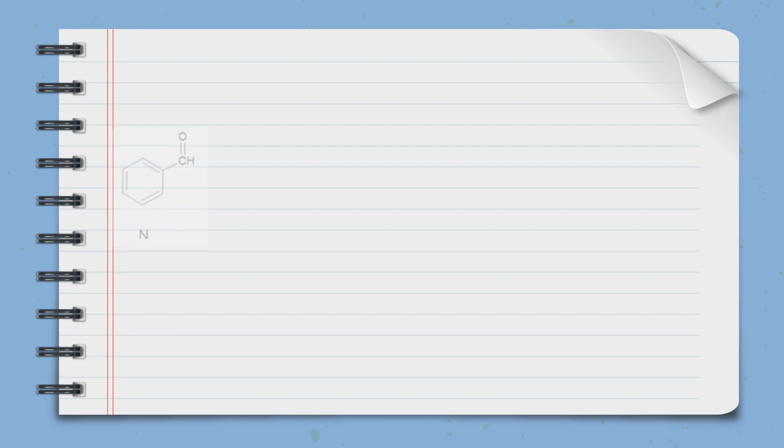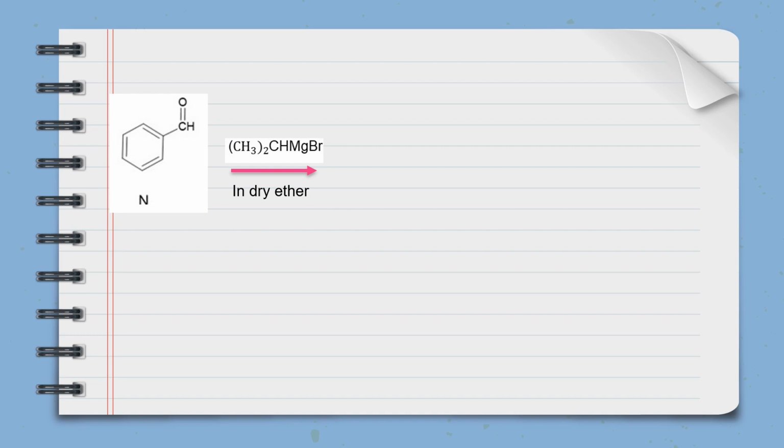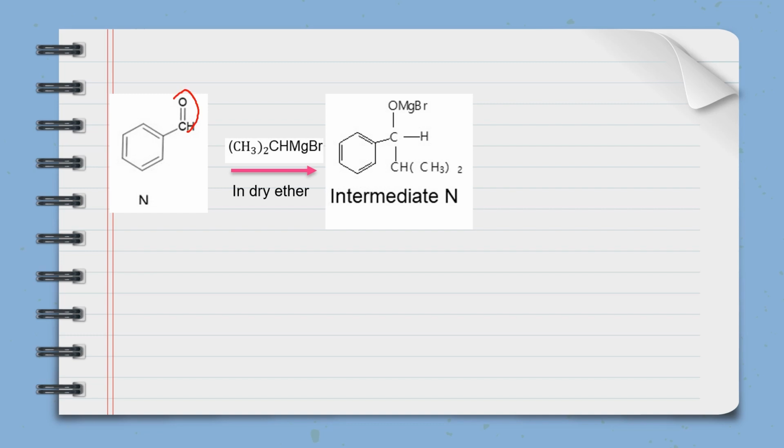Okay, we continue with structure N. When N reacts with the Grignard reagent in dry ether, it produces intermediate N. The change is almost the same: the C double bond O turns to OMgBr, and the new bond forms with the alkyl group that comes from the Grignard reagent.